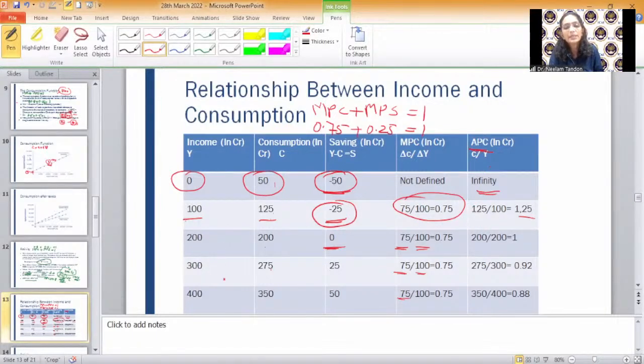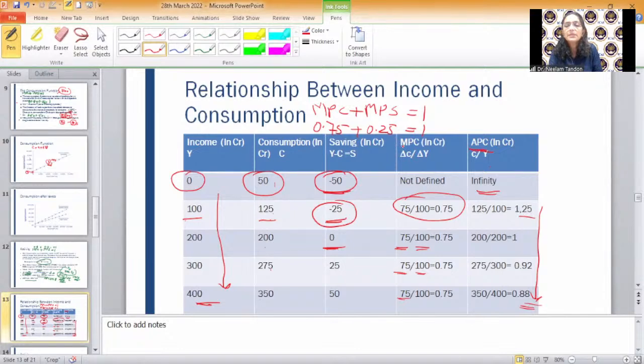You see as income is increasing, APC is decreasing. Average propensity to consume reduces. Propensity means desire.